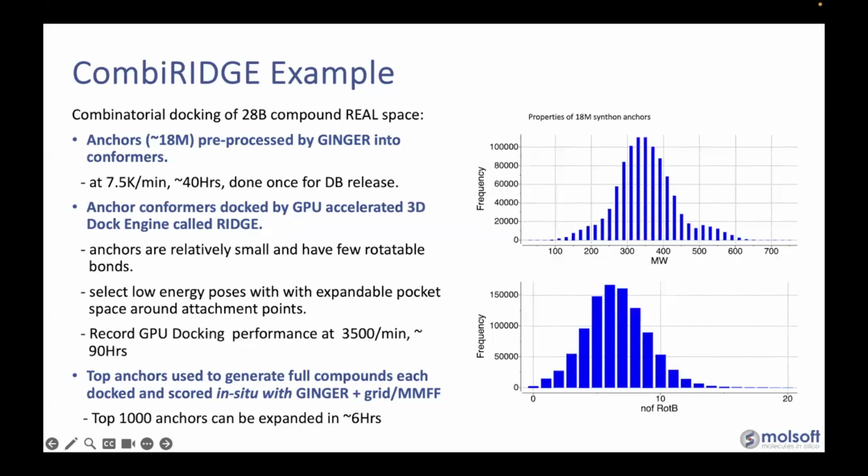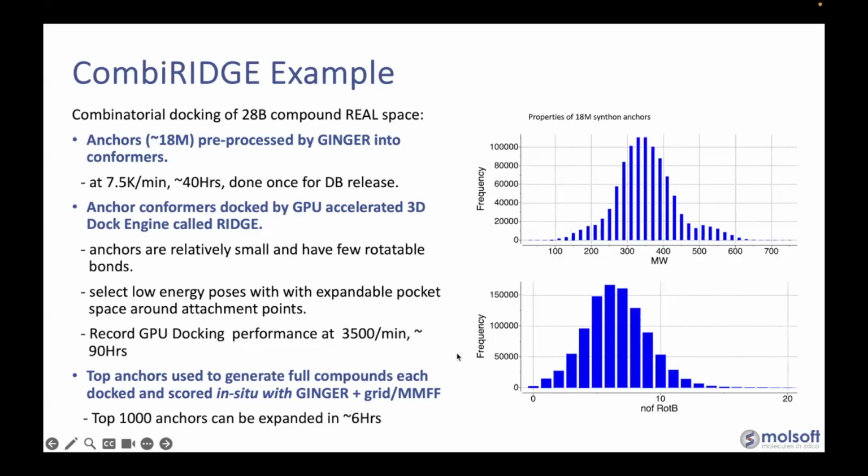You want to have space to build out. And the GPU docking performance is extremely fast for this. You'll see approximately 3,500 anchors per minute. And so this full database was docked in about 90 hours. This is just on a single desktop GPU gaming machine.